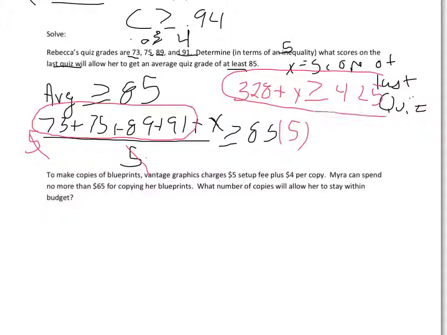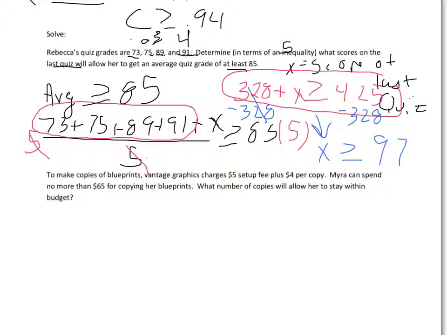So this is the equation we need to solve now. 328 plus x equals 425. Well, we need to get rid of the 328, so subtract 328. So we get cancellation here. Our x carries down. And then we have 425 minus 328, and this is going to give us a 97.